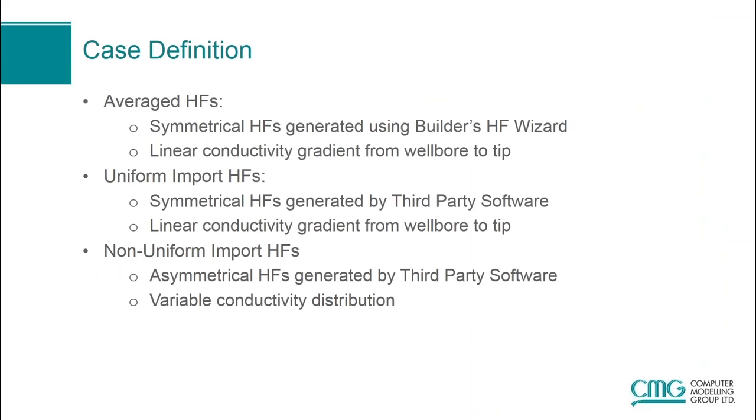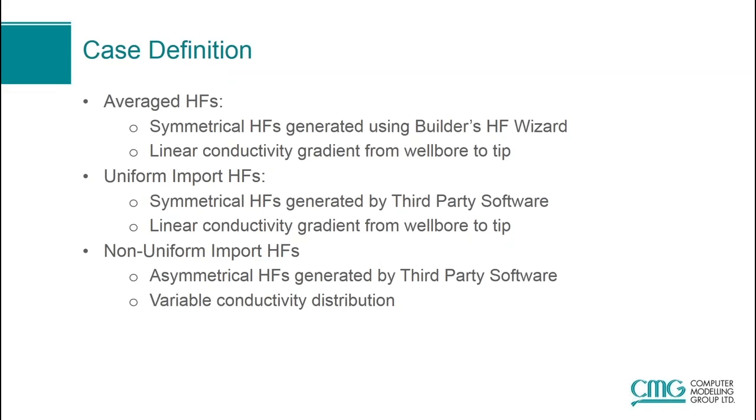Before we do that, when I show some plots of production, I want to make sure that we have these 3 cases defined that you'll see in the legend. The first one, again, is the averaged hydraulic fracture case, where we create symmetrical hydraulic fractures that are generated using the hydraulic fracture wizard inside of Builder, where we create one template and assign that same template all the way along the length of the wellbore, having a linear conductivity gradient from the wellbore to the tip of the fracture.